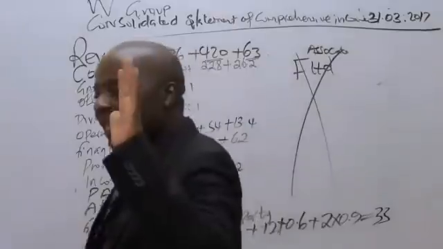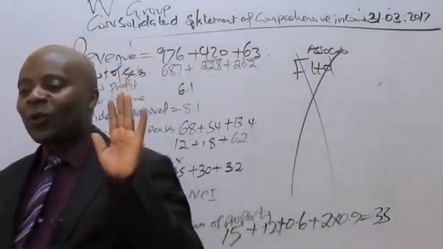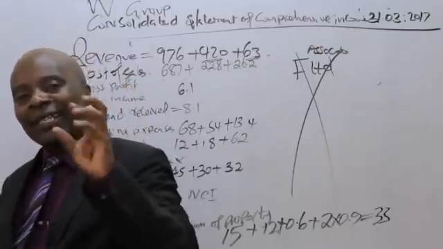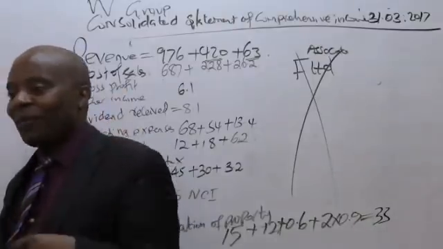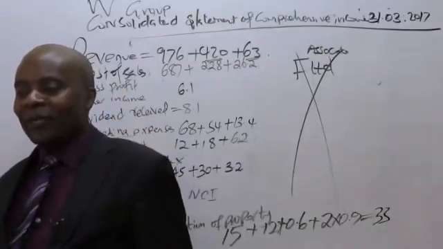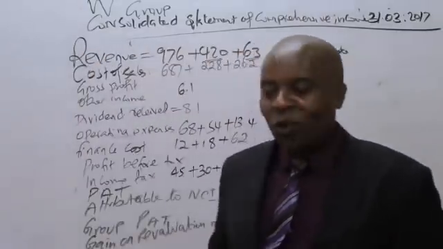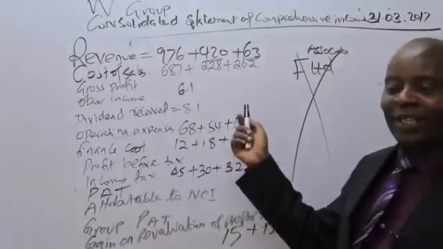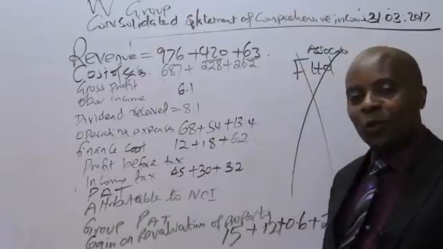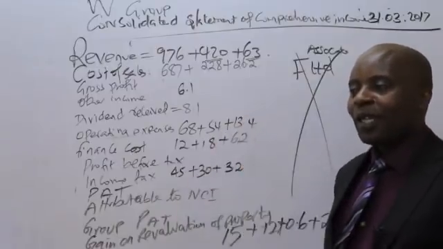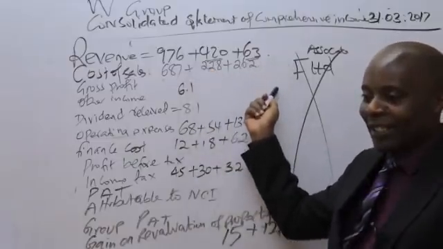Now when you have set up your initial structure like that, ladies and gentlemen, now you can go to the notes. Now you can think about calculating goodwill and impairment. For example, goodwill impairment will of course affect our income statement. But trust me, from my experience with financial reporting, once you have set your initial structure like this, even if the examiner was to blow a whistle and tell you you are left with 5 minutes, you'll pick your calculator and add these figures very fast.